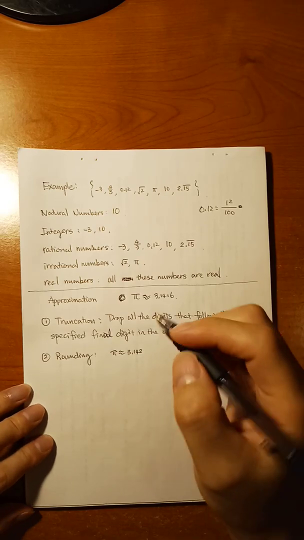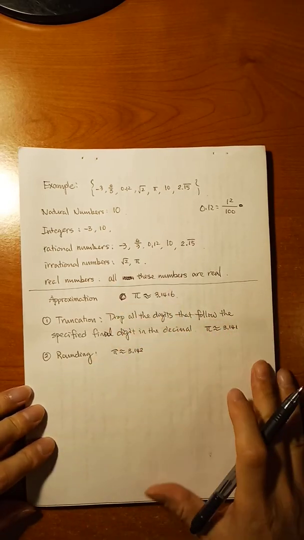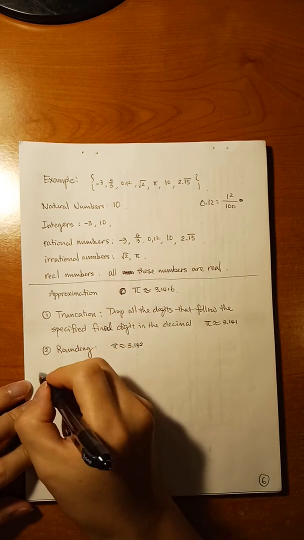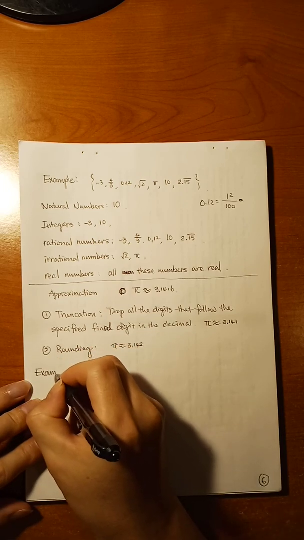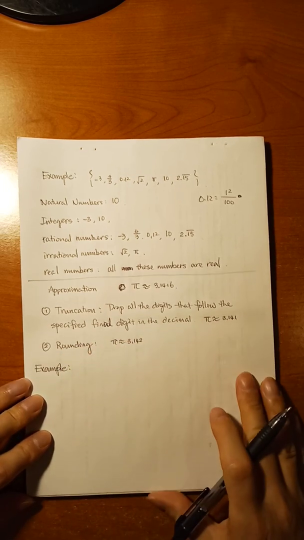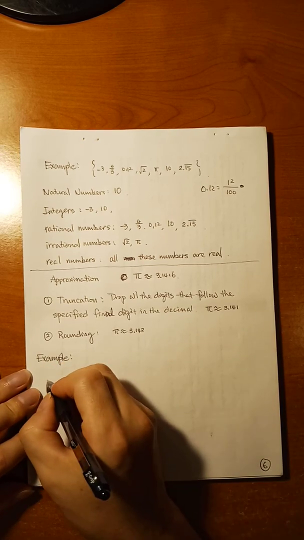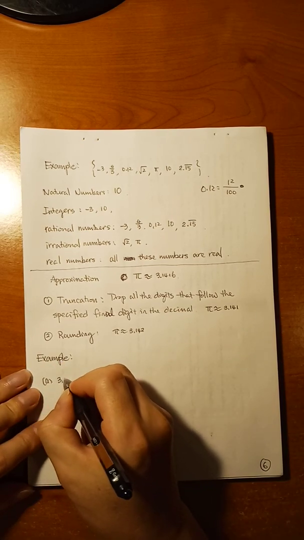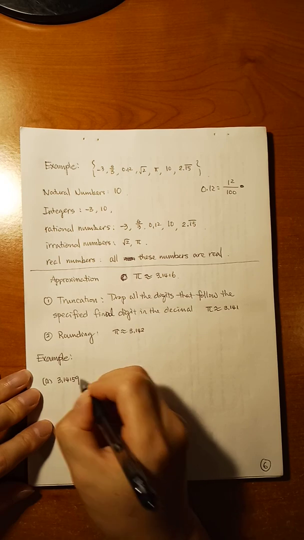Okay, welcome back. Let's continue this approximation. We have examples. For example, we have those numbers. First number A is 3.14159.